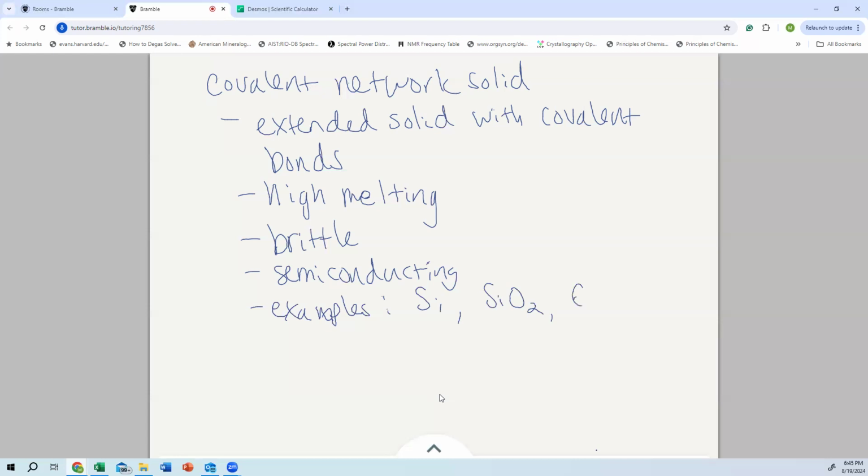Germanium solid would be another example. Carbon solid, specifically diamond, carbon nanotubes, those type of things. And those are our different types of solids.